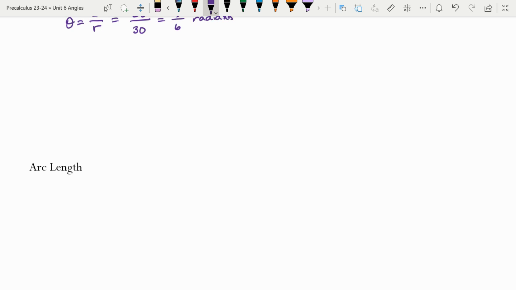So what is arc length? Well, since we know that theta is equal to the arc length divided by the radius, for theta in radians, that is the definition of a radian measure.